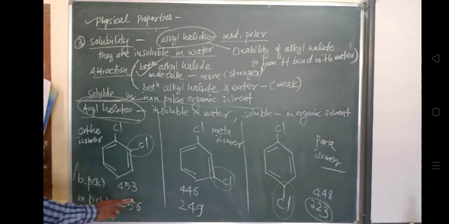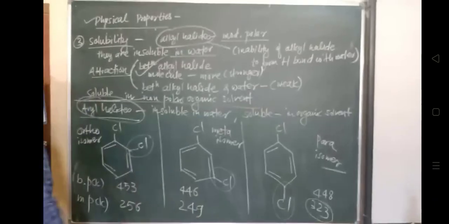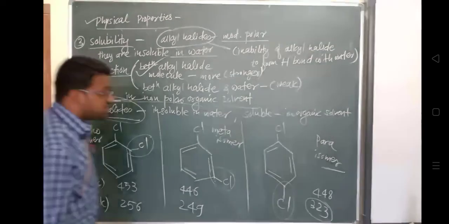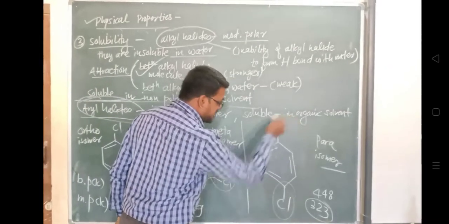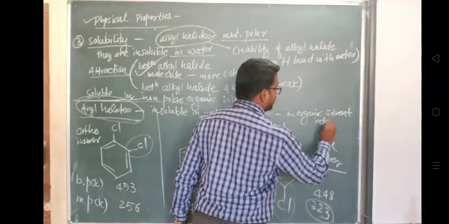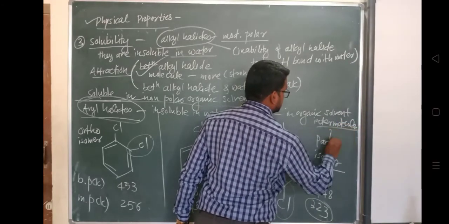This is because of its symmetrical structure. उसका जो structure देखो, symmetrical structure, which can easily pack closely in a crystal lattice, and as a result intermolecular forces of attraction are stronger. So I will write here intermolecular forces.